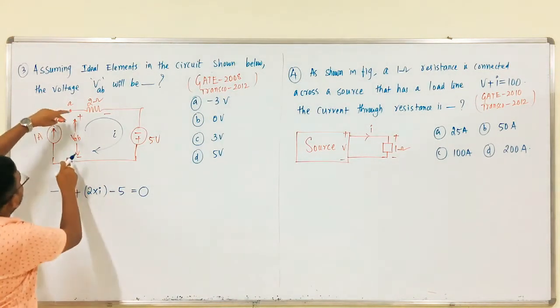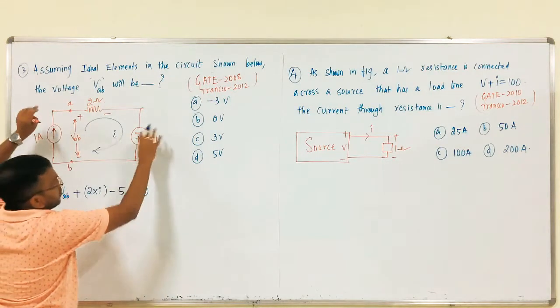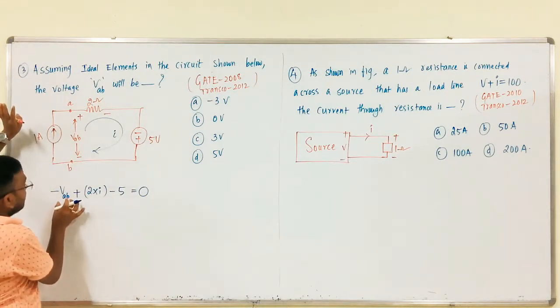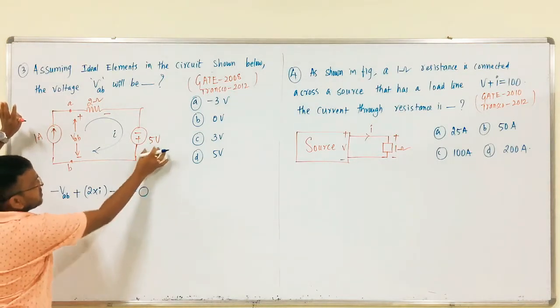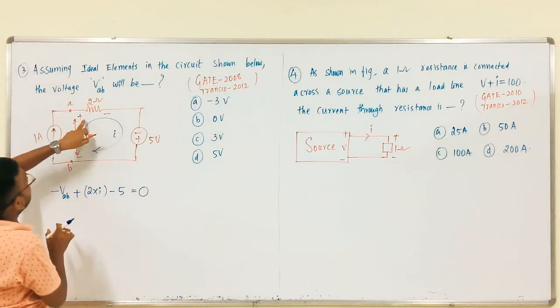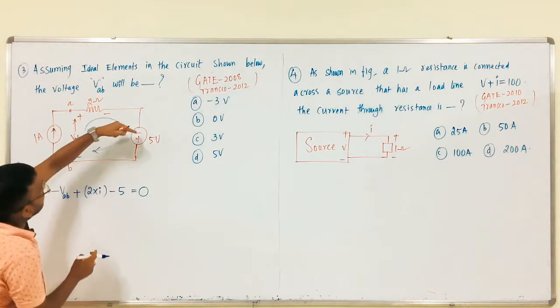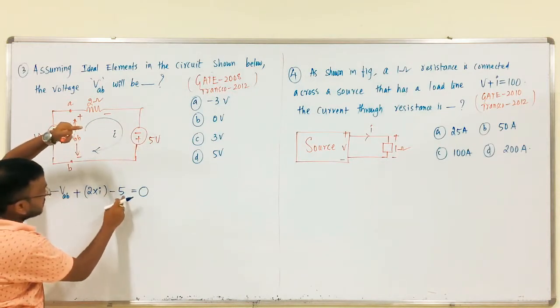Simple, we have VAB, a resistive branch and a voltage source, only 3 elements. So, minus to positive, that is why minus VAB, positive to negative, that is why plus 2 into I, again minus to positive, that is minus 5 is equal to 0.